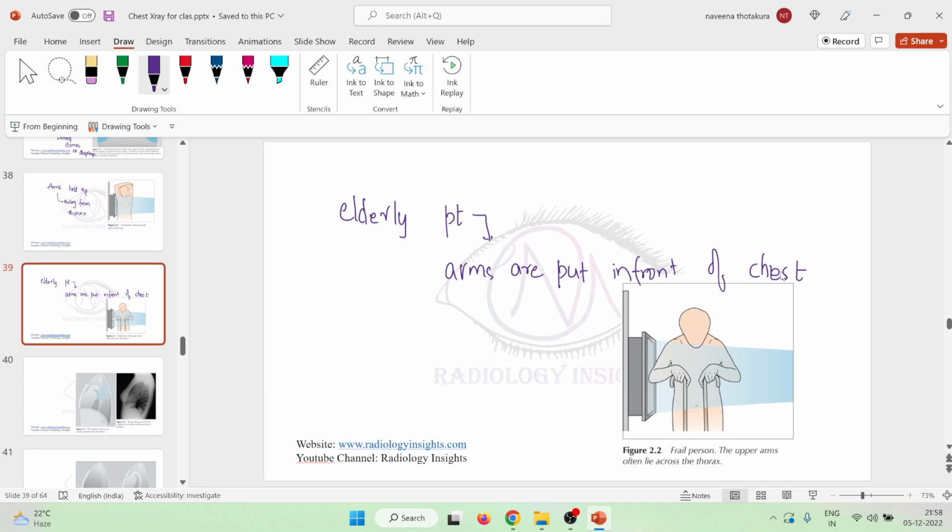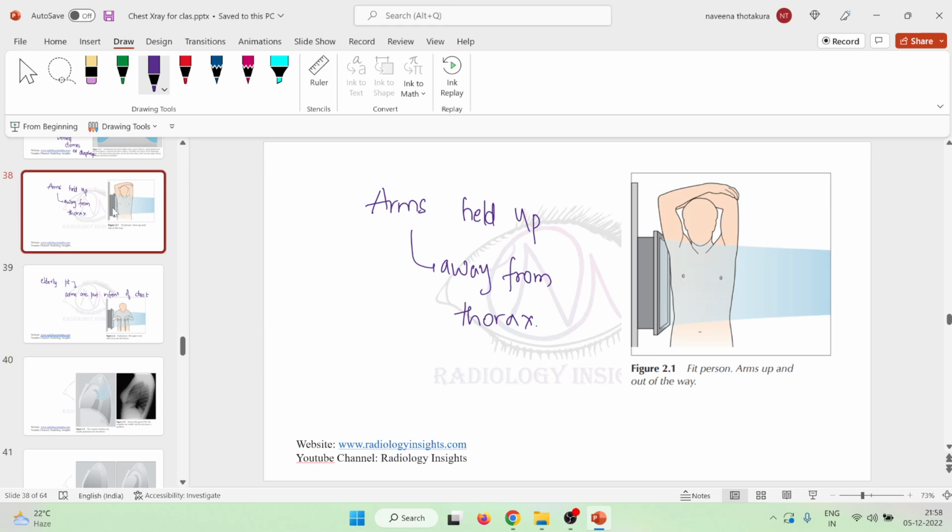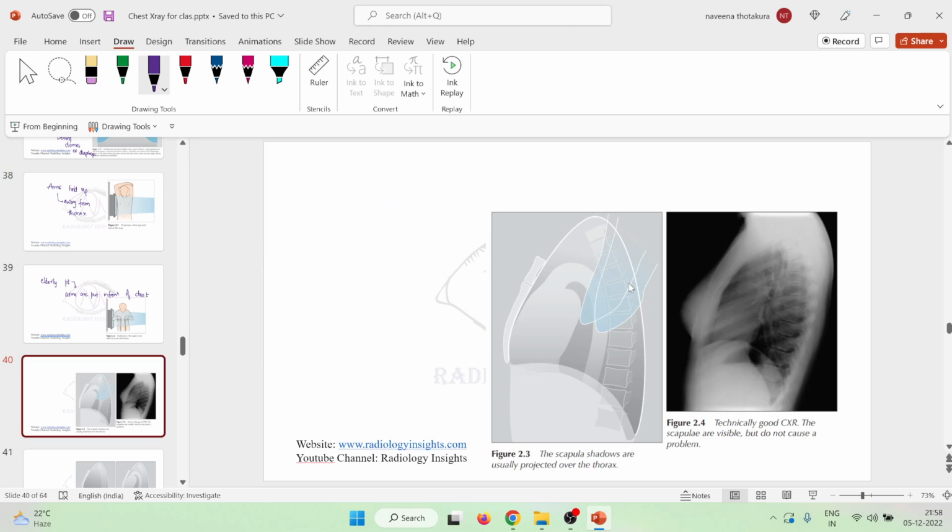This is one more important thing: sometimes these arm shadows can also mislead the diagnosis, which should be kept in mind. Always remember the arms should be put up in order to avoid the scapular shadows.